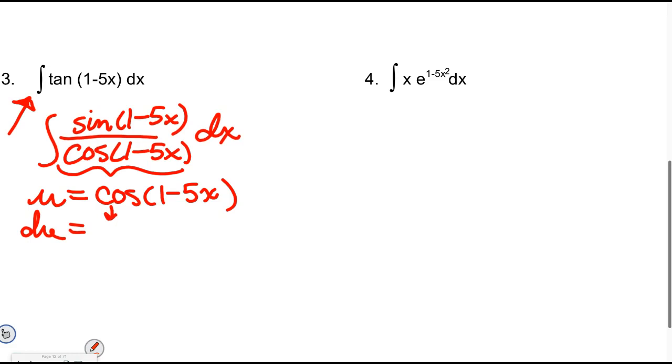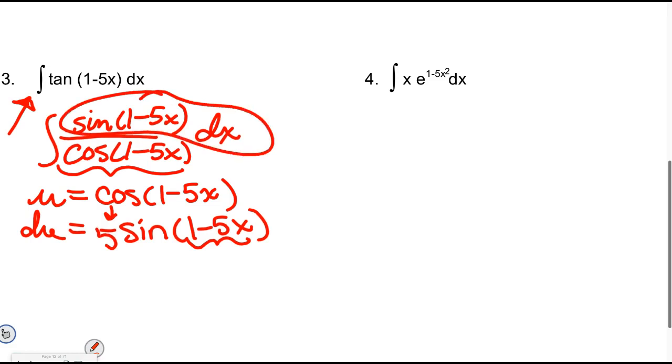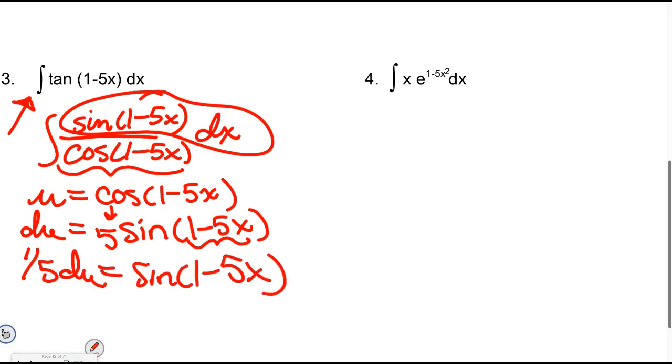The derivative of cosine is negative sine. Don't forget the derivative of the guts with the chain rule, so that'd make another negative 5, so it'd make it positive. So to create the rest of this integrand, we need a 1/5 du. All right? And then you would go from there. All right, I'm not going to finish that one off either.